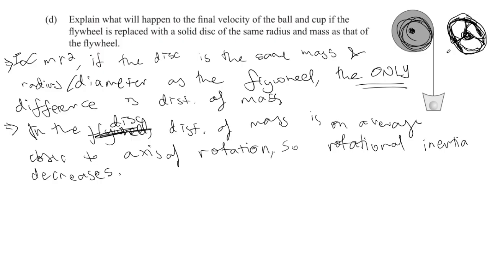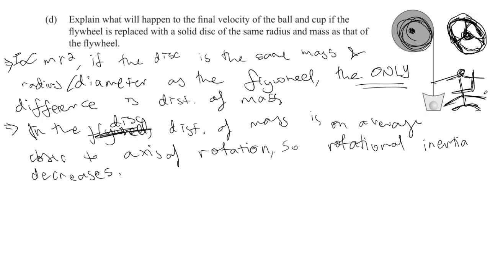Now, a really good experiment would be to sit on one of those spinny chairs and see how fast you spin when your arms and legs are tucked in, so your mass is on average closer to the axis of rotation, and when your arms and legs are spread out, which means your mass is on average further from your axis of rotation.